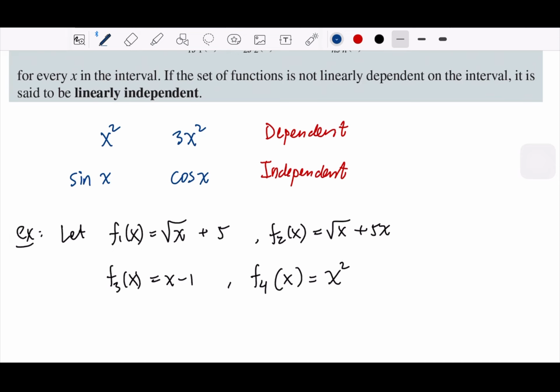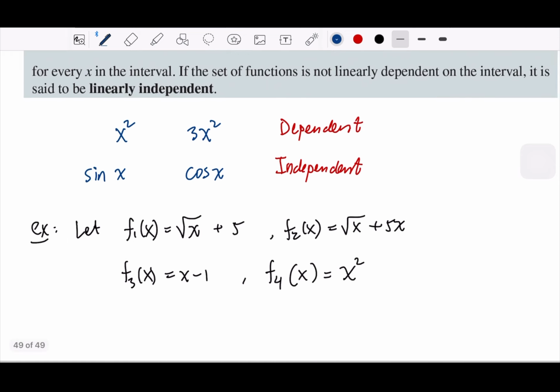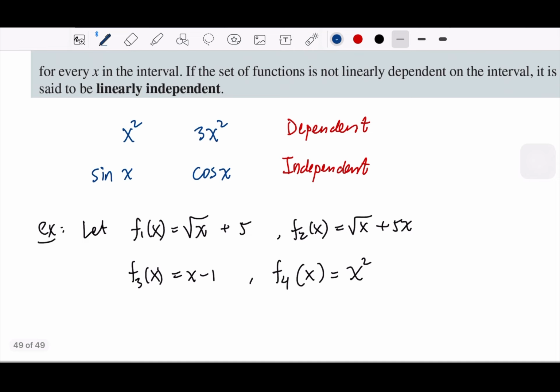So we can check them, and we could write this with any constants. And you could check the constants equal to 0 if you would like to.